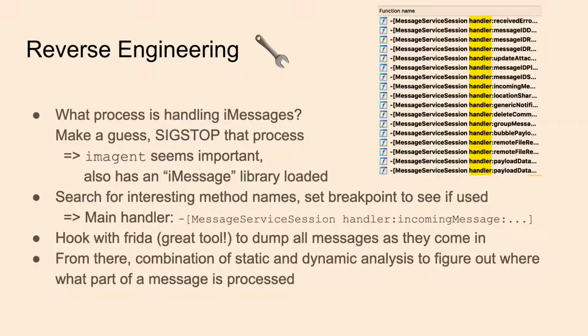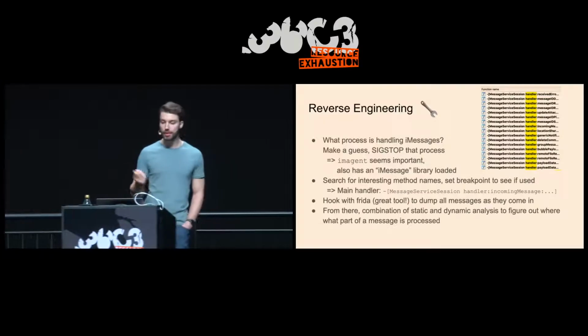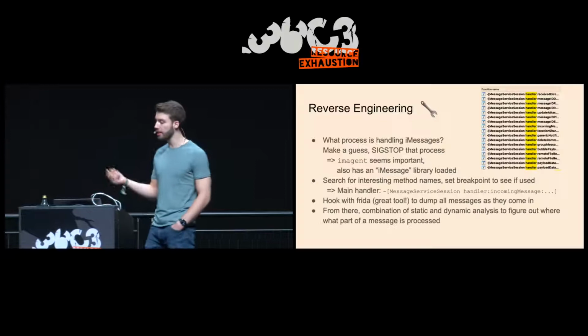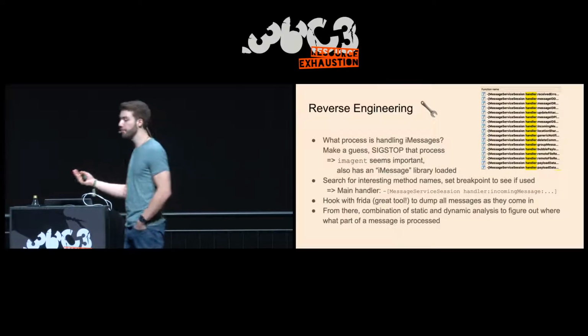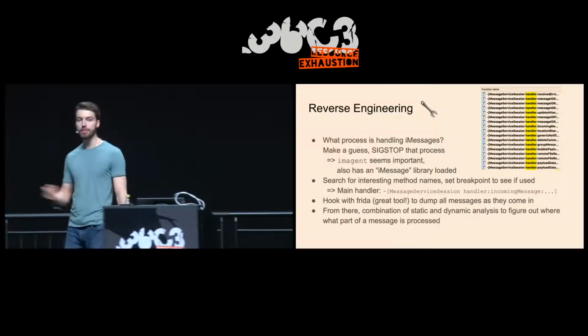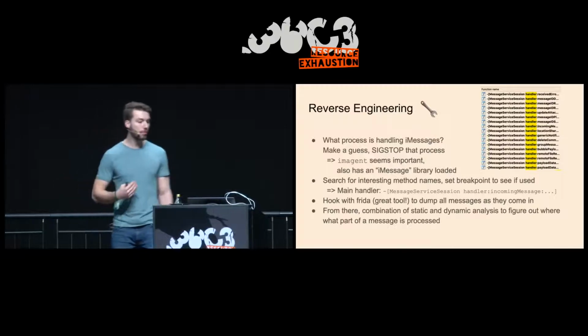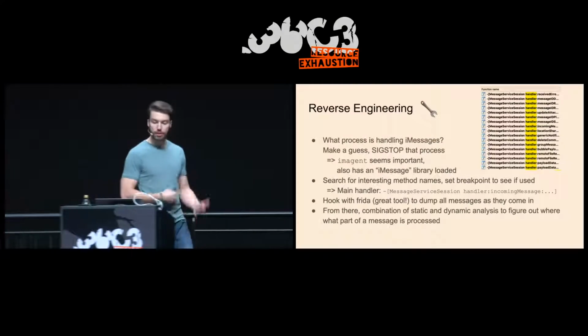Then you can load this library in IDA. You see a screenshot top right. And you find a lot of handlers, for example this message service session handler, incoming message. Then you can set a breakpoint there, and at that point you can see these messages as they come in. You can dump them, display them, look at them, change them.